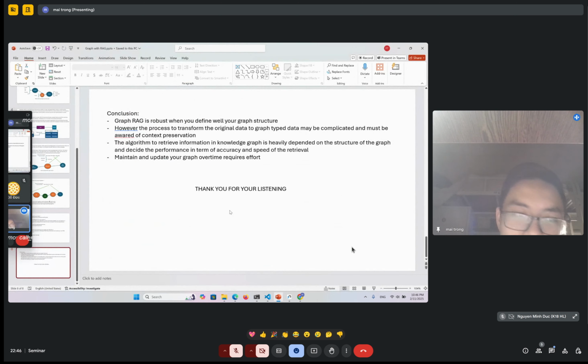just very simple one, is that GraphRAG is robust when you define your data structure well. However, there are some problems, obviously. The process of converting a document to a graph type is very hard work. It needs precision.